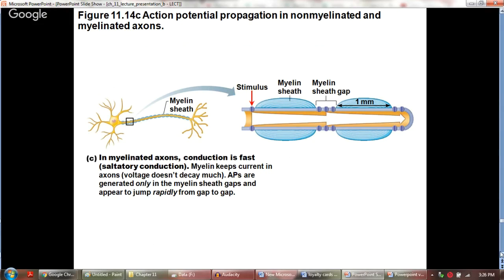In the myelinated ones, you see that it happens at the gaps, from one gap to the other as it goes on, and it's much faster.